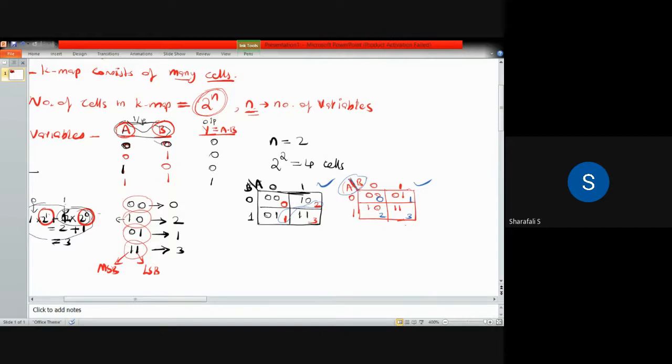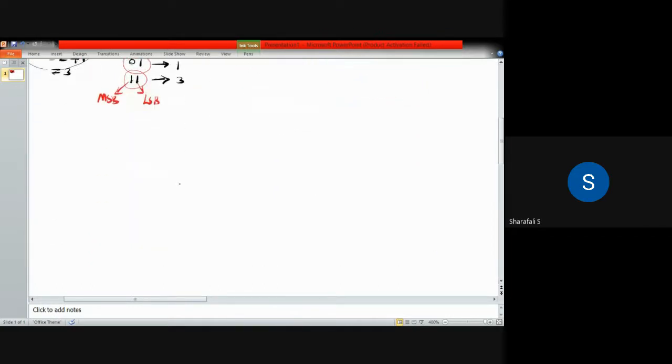Now, if you consider a 3 variable system, what is the number of cells? The number of cells will be equal to 2 raised to 3, that is 8. Now we have 8 cells. You can consider it in a different way.